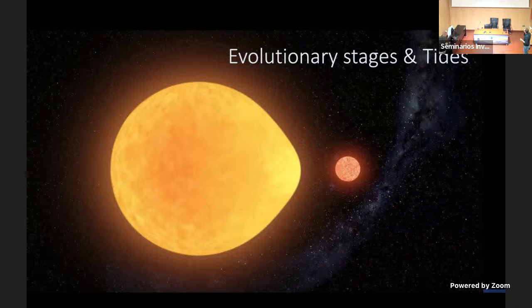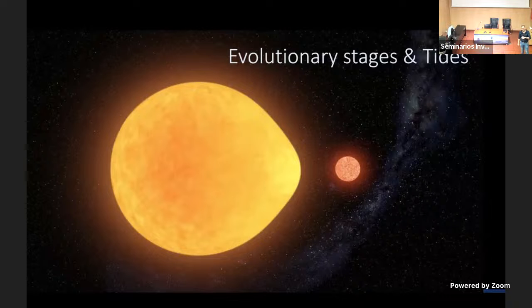We are dealing with tides. So this is an extreme example, and I copied it from a different press release where oscillations were found in an oscillating giant. But you see the star is deformed because it cannot be approximated as a point source, and you actually have this deformation. This is what is called the equilibrium tide.